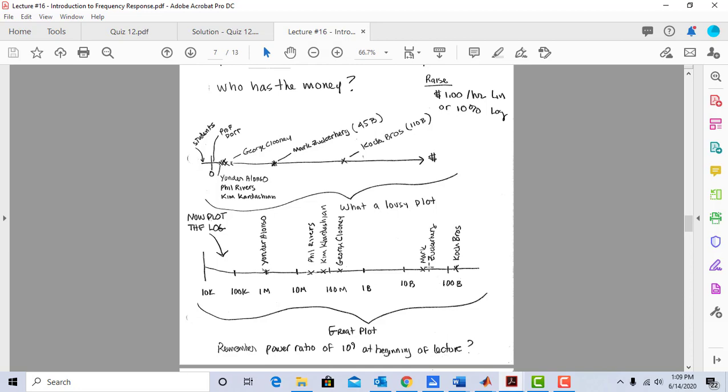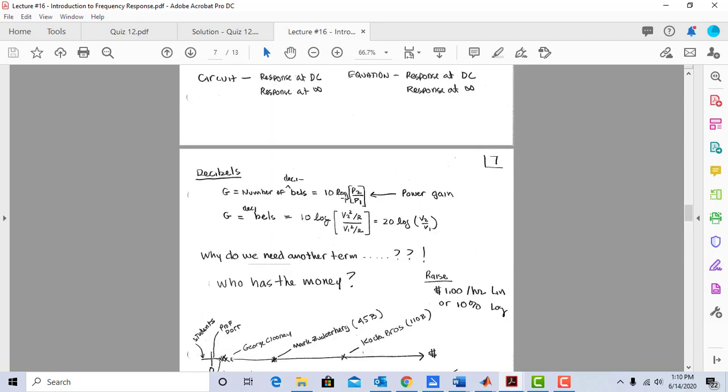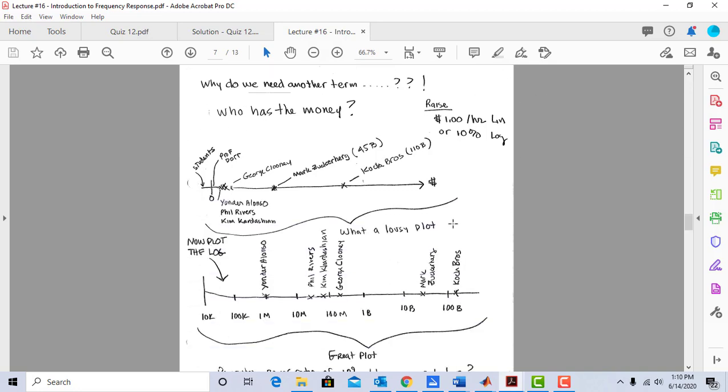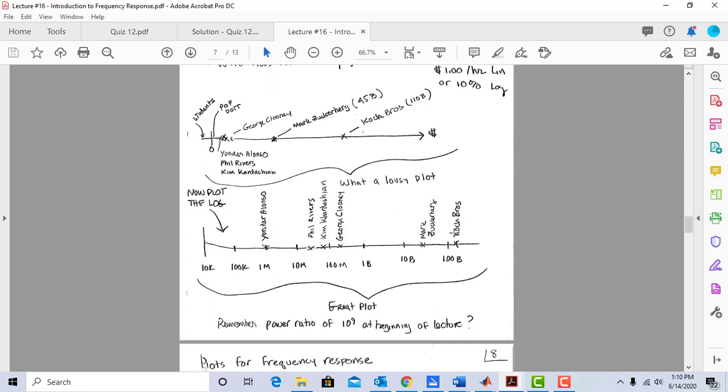Well, there's your milliwatt, there's your picowatt. The spectrum analyzer is calibrated in dB. It's plotting the log, and this is why it does it. So the spectrum analyzer can show the Koch brothers' money and Alonso's money, even my money, on one screen, and you can see them together.